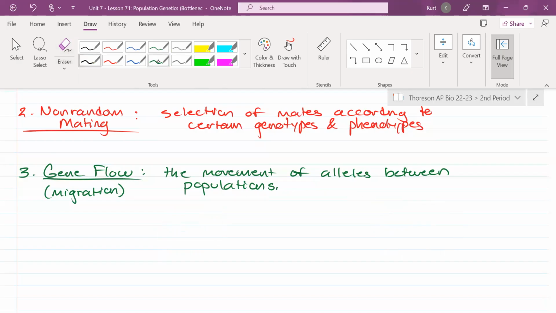So to continue that, these are new or rare alleles that are brought into the population.